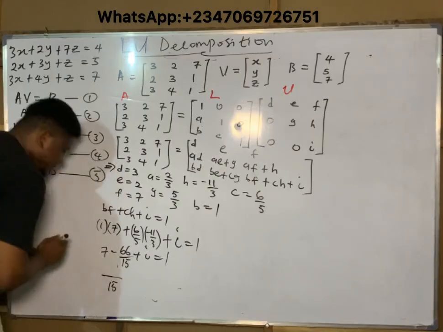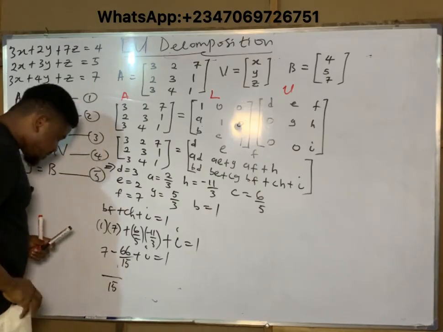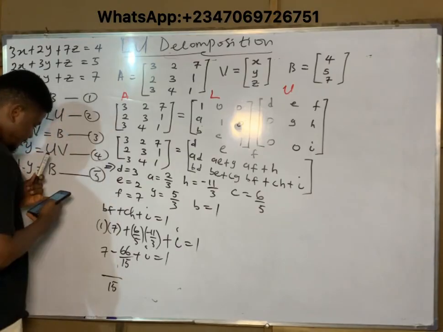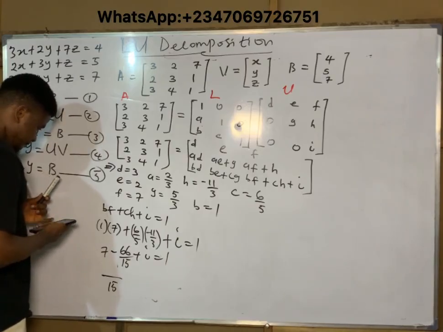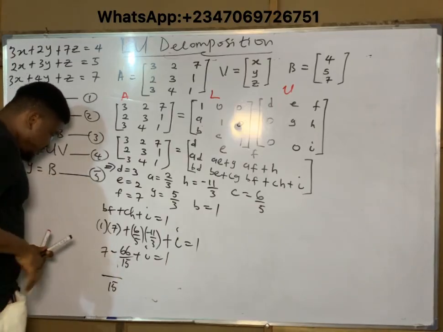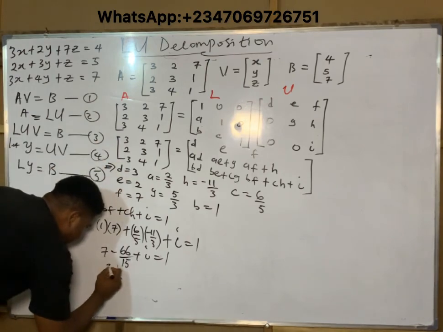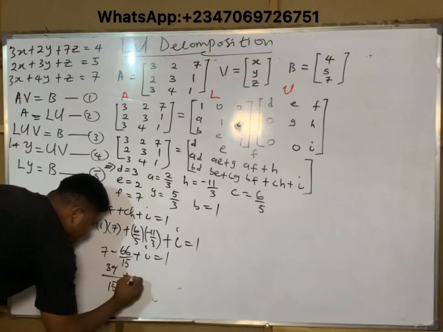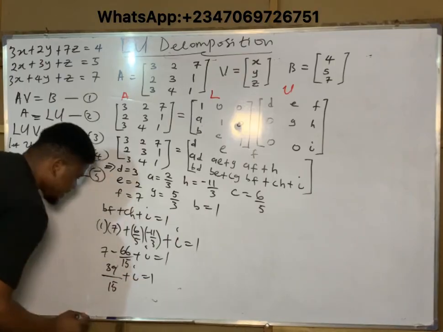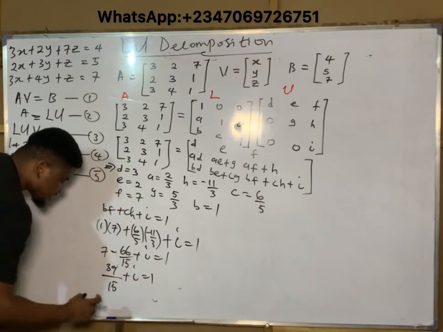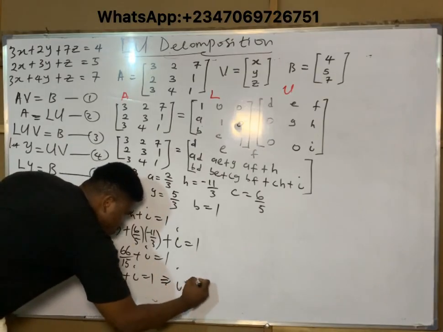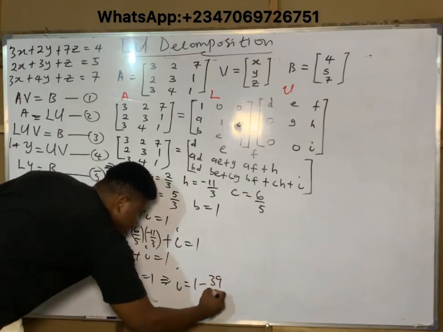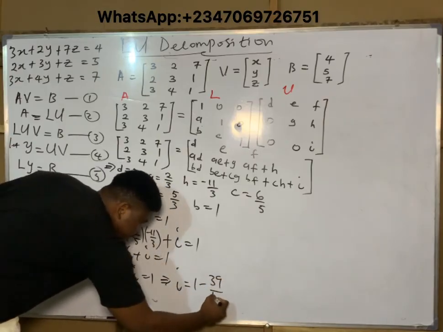So 15 times 7 minus 66 gives us 39. So we have 39 over 15 plus I to be equal to 1. So we simply send 39 over 15 over here. This simply implies that I equals 1 minus 39 over 15.